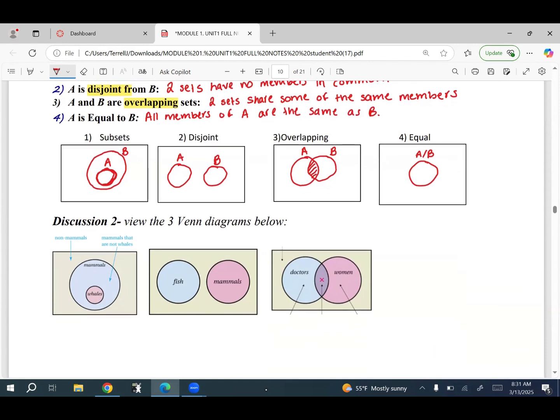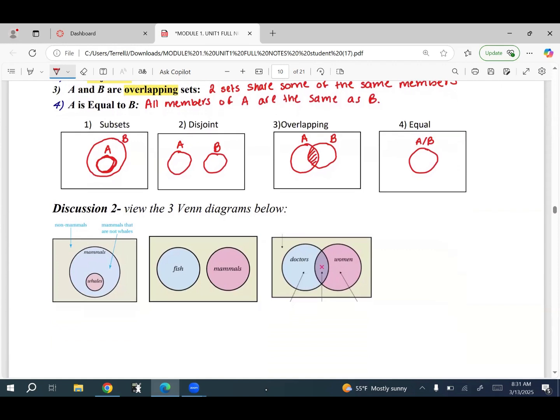Okay. So we see here again, just more examples. This would be considered a subset. Right here, you have whales. Whales are a subset of mammals. So that set whales is inside the bigger set mammals. And then we have fish and mammals.